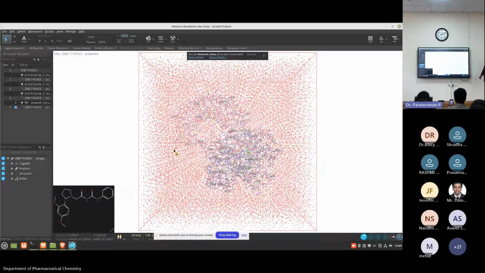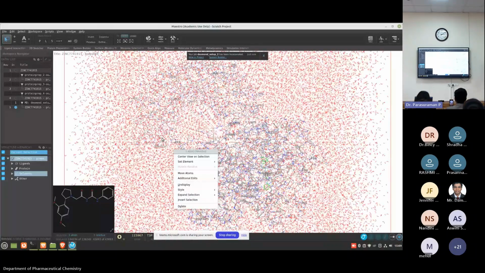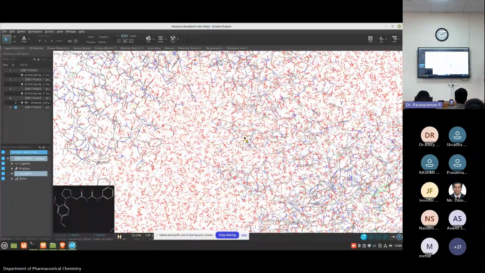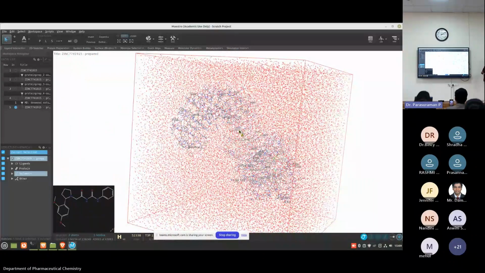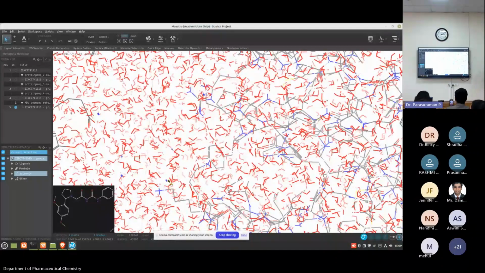After that, once you come back, you can see the box with the restricted complex. We have solvated that one, and we have added ions also. Now we have built the system. So next we'll be going for the simulation of the particular model.